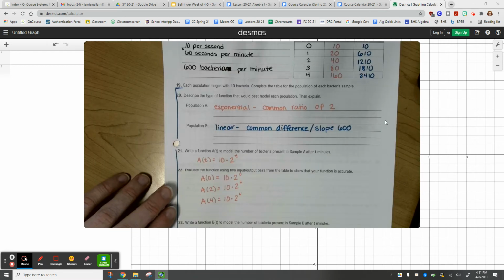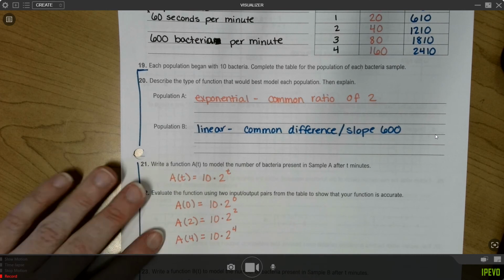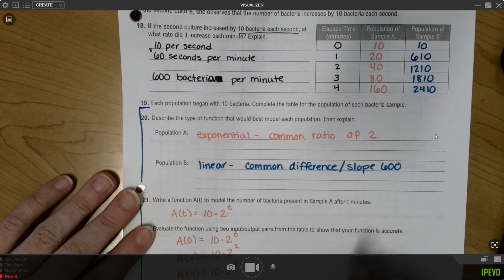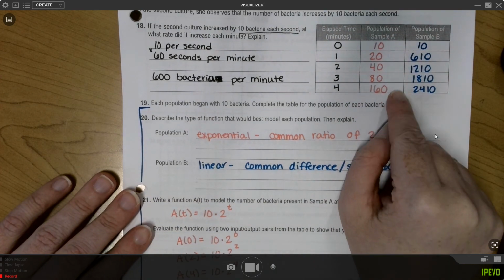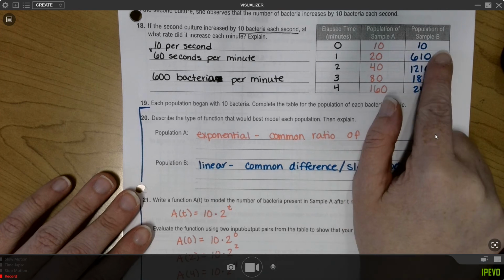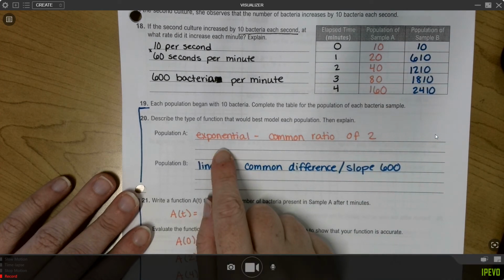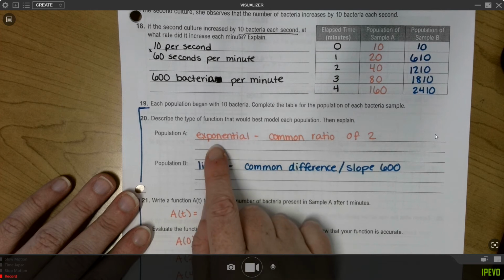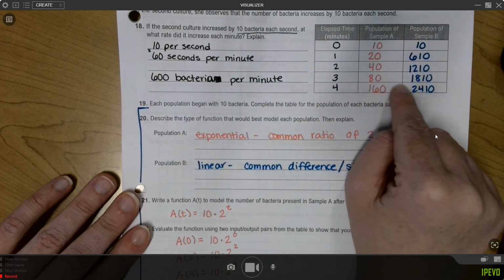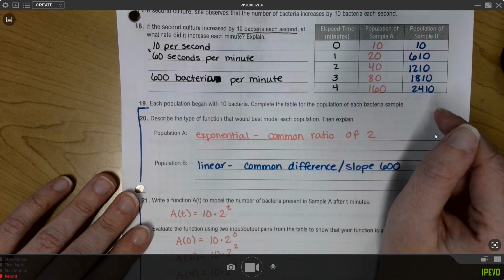Okay, so let's look at what we've got so far. So for my tables, I doubled population A, I added 600 each time on population B. So population A, it asks us to describe what type of function for each population. So since I'm doubling, I have a common ratio or a growth factor of 2.